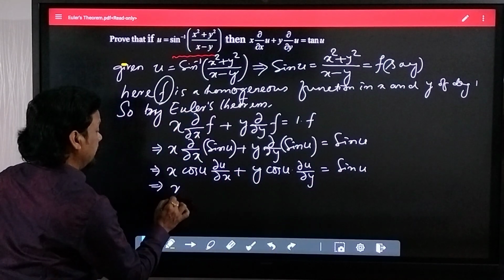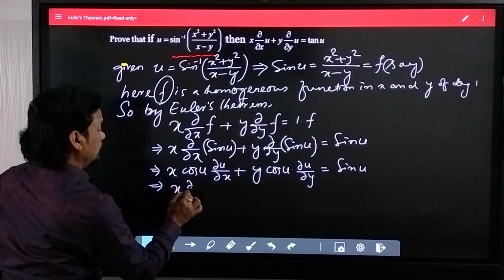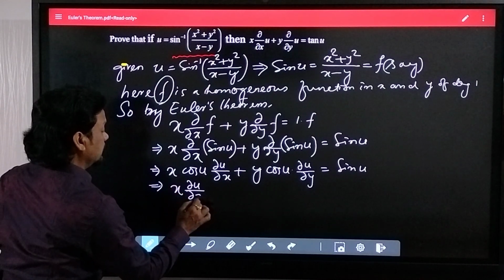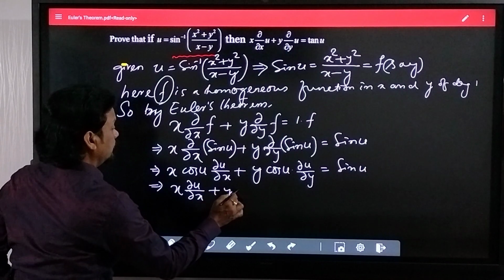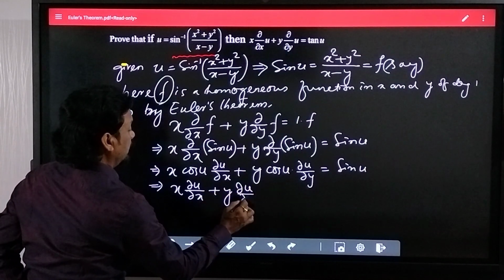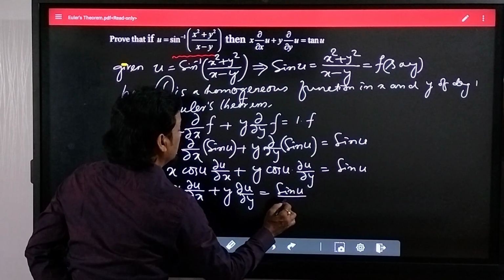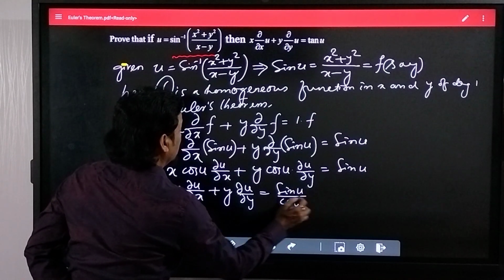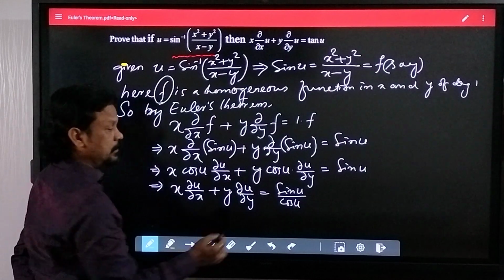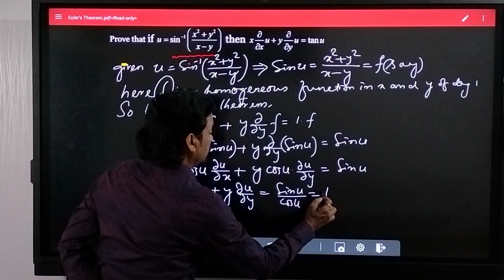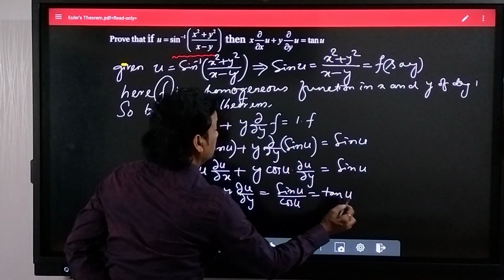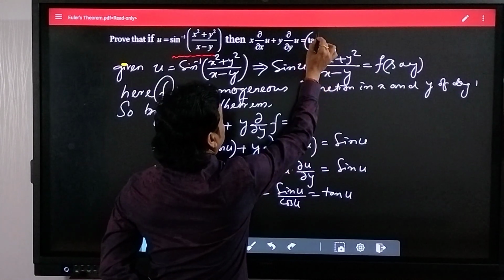So it becomes x into, cos u cancels out, remain del u by del x, plus y into del u by del y is equal to sin u by cos u, because I am dividing cos u on both the sides. So sin u by cos u is equal to tan u, which is your requirement.